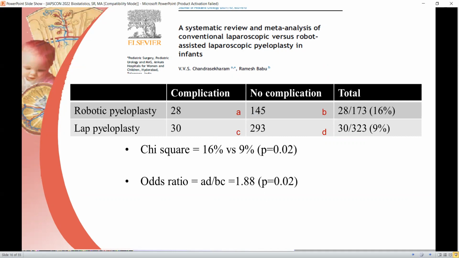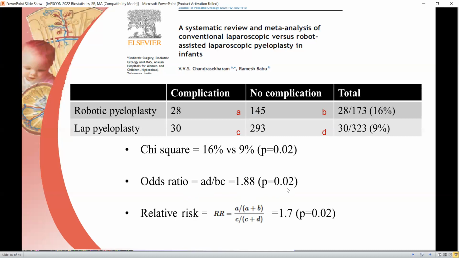But an odds ratio can be a method where you can say what is the odds of a robotic pyeloplasty causing more complications. So for example, this is 9 and that is 16. So that is pretty much like double the complication. So you say that this is doubling the complication here, 1.88. So that is an odds ratio, where the significance is the same.